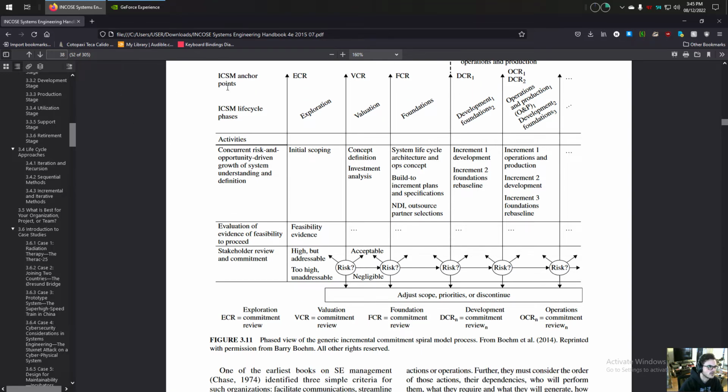It shows the ICSM anchor points, ICSM lifecycle phases, activities, concurrent risk and opportunity driven growth of system understanding and definition, the evaluation of evidence of feasibility to proceed, and stakeholder review and commitment.